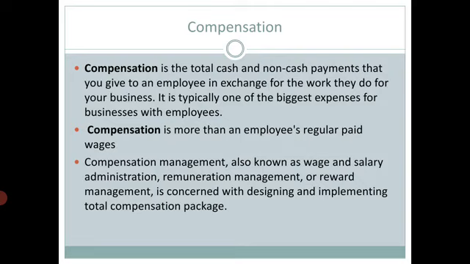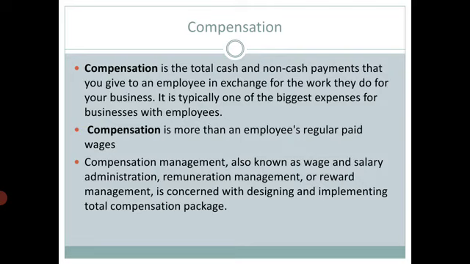Compensation is more than an employee's regular paid wages. In addition to such wages, the cash and non-cash payments paid by the employer to the employee for having completed the work are included in compensation.